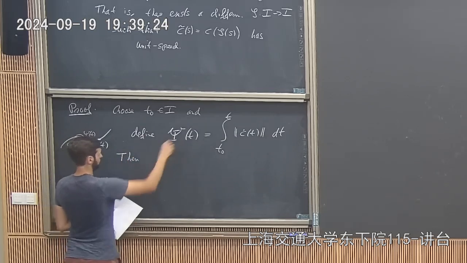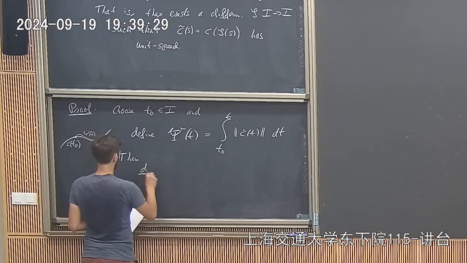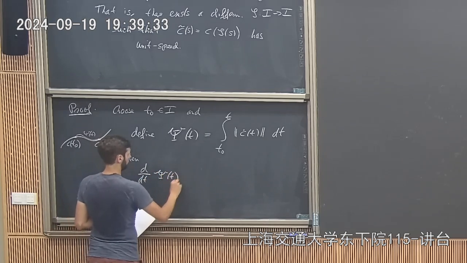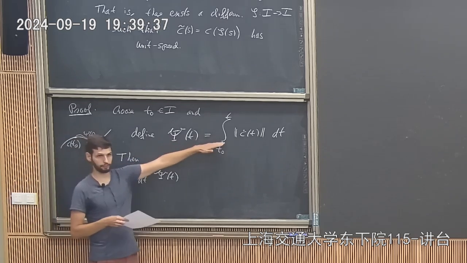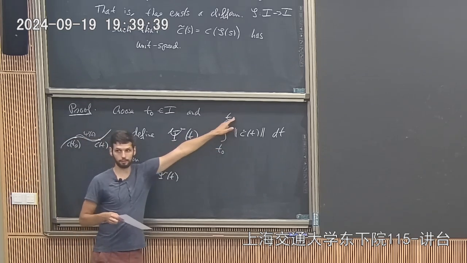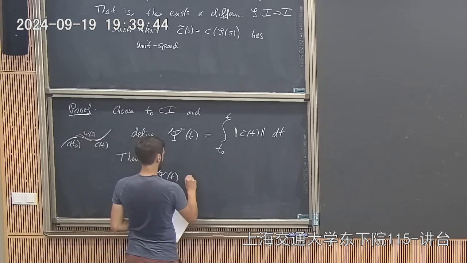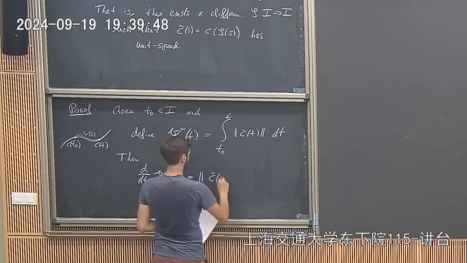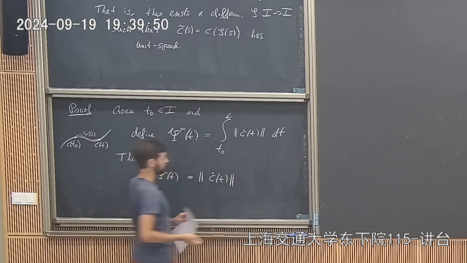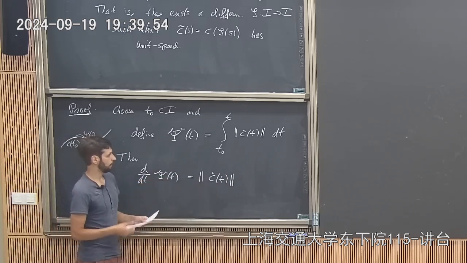Let's calculate the derivative of this map. Then what we do is take the derivative of psi of t with respect to t. I think every one of you should know that. If you take the derivative of an integral with respect to its upper limit, you just get the integrand back. So this is just like we get our norm back.